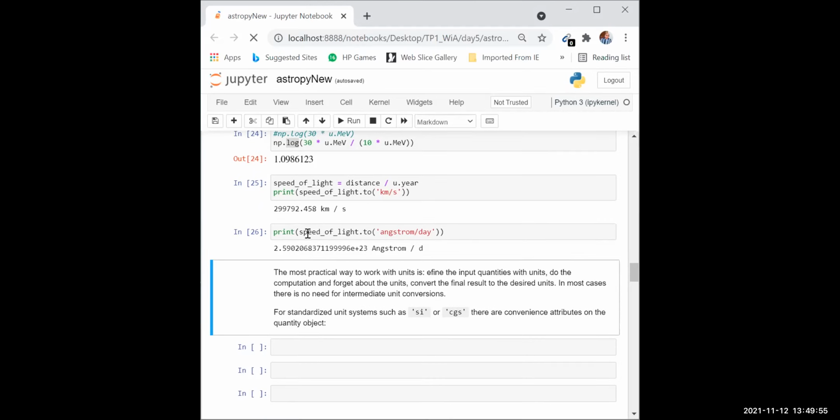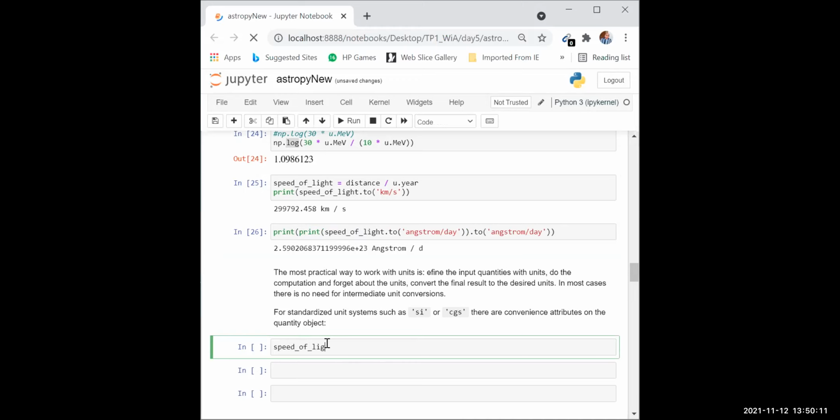Right. And now that we have defined what the speed of light is, if I do speed_of_light, this is my variable, and I want to see it in SI units.